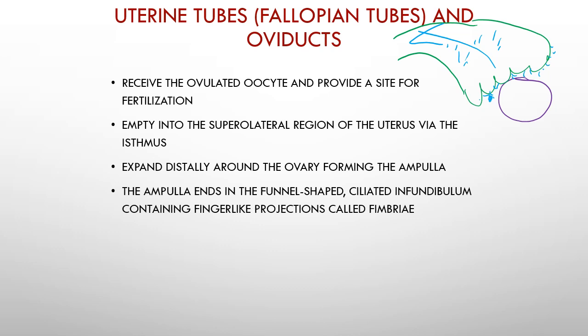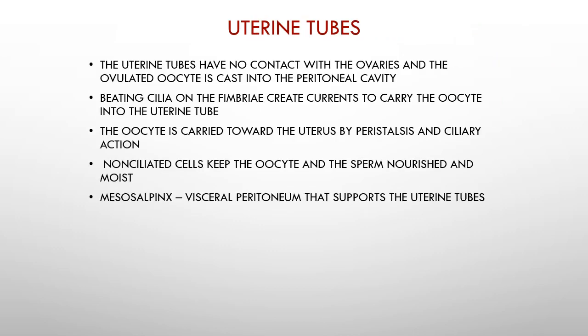The ampulla is going to continue down towards the uterus and then become the isthmus. So again, there's no physical contact between the ovary and the uterine tubes. Although there's in a sense light contact between the two, there's nothing physically sealing them to one another.